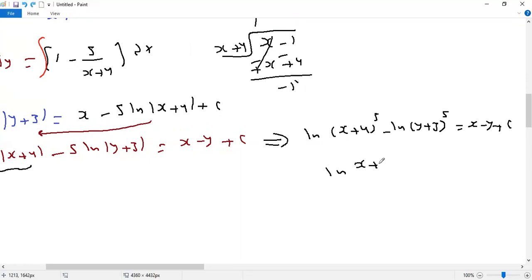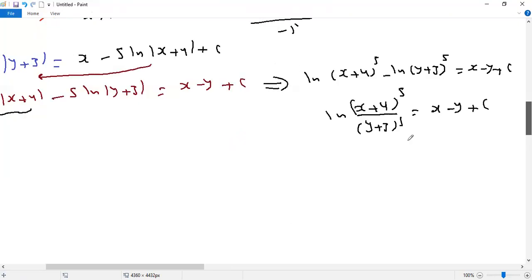This is x plus 4 to the power 5 over y plus 3 to the power 5, equal to x minus y plus c. And this can be written as ln of x plus 4 over y plus 3, all of them to the power 5, equal to x minus y plus c.